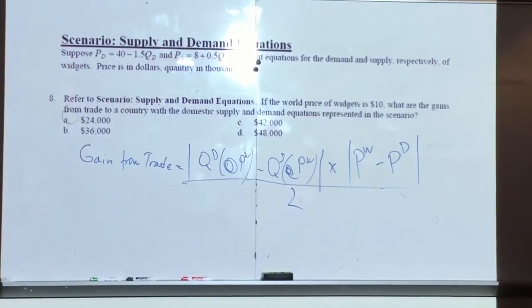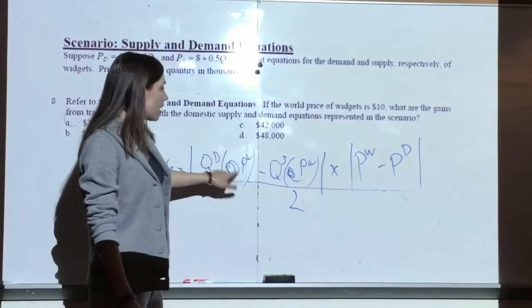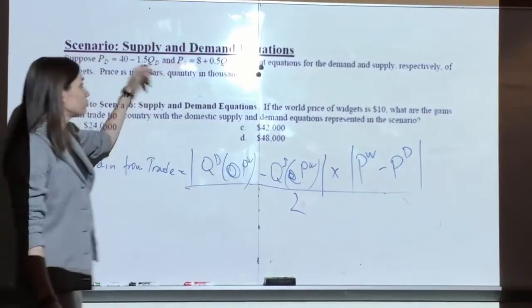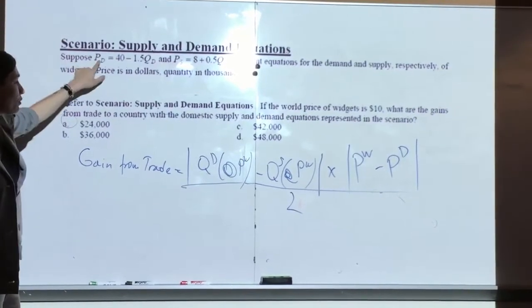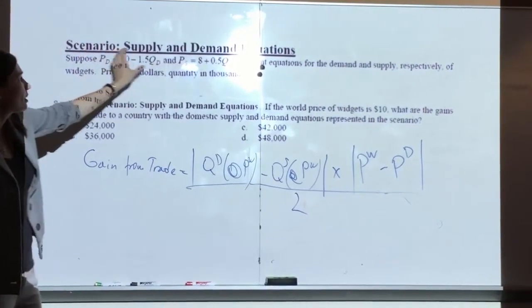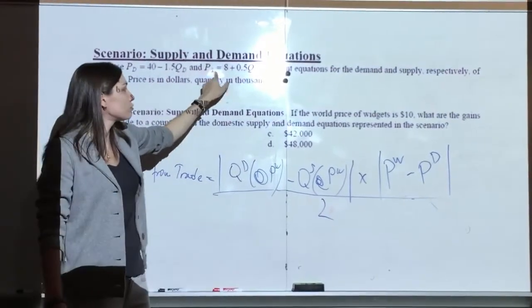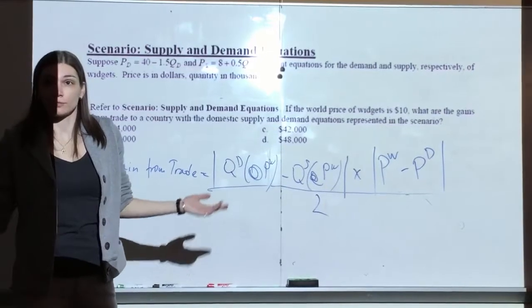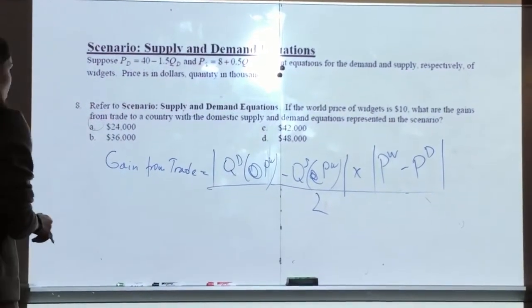I also need the quantity demanded and the quantity supplied at the world price, which I can find with the two equations. So if the world price is 10, I set the demand equation equal to 10 and solve for quantity demanded, then do the same for quantity supplied. That's the plan, and I'm just doing some math.